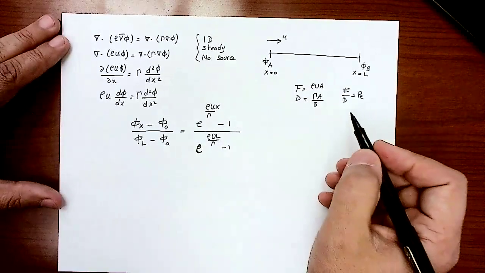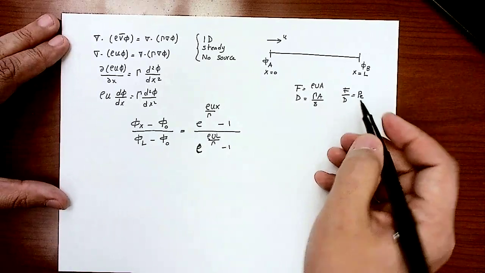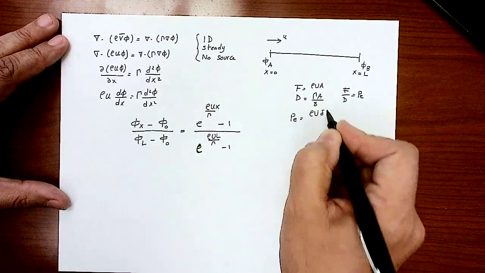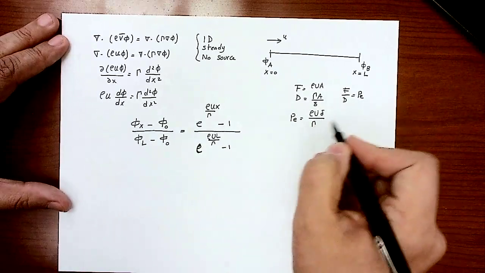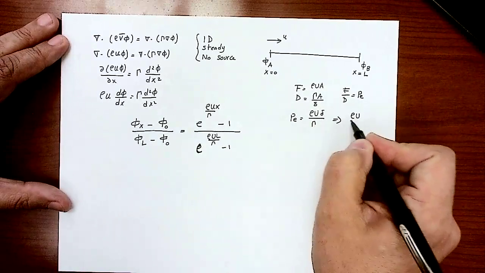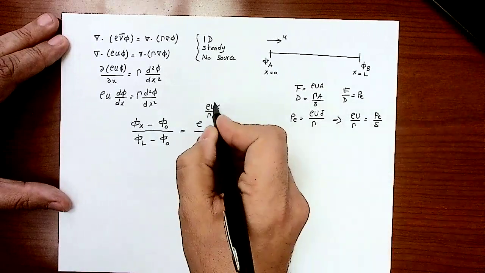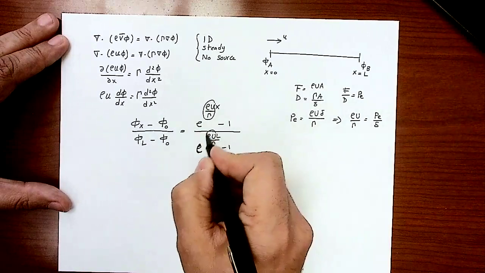I can simply define Peclet number as rho u delta over kappa. So rho u over kappa is simply Peclet number over delta. I can substitute and replace that term here and here.